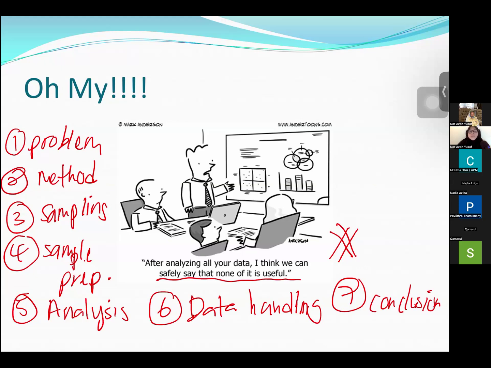Okay, so it's not just chemical analysis, because we are doing analytical chemistry. Of course, we talk about chemical analysis, but if you are doing survey-based research, these are also steps that you have to take. You define the problem, what method of statistics, what kind of questions are suitable to be asked, and what kind of sampling, the people that you want to interview or you want to do the survey.